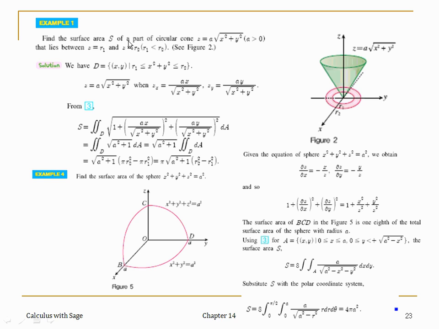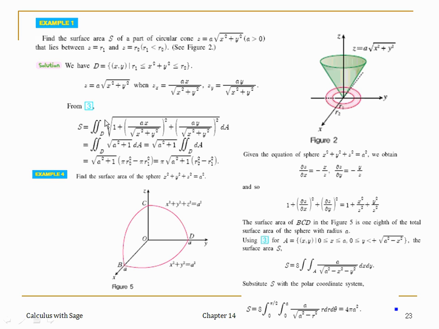Example 1. Find the surface area S of a part of the circular cone g, like this, that lies between g equal to R1 and g equal to R2, when R1 is less than R2. So this domain D can be written in this way, and g can be written as this, where the partial derivative of g with respect to x is this, and the partial derivative of g with respect to y is this.